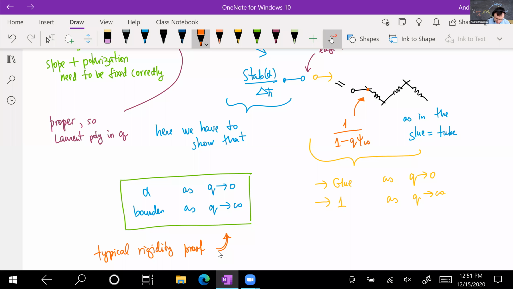So you sit down and do that, or you read it in the paper, and that's how the argument goes. So this is left. There's no point in me doing these estimates here in class.